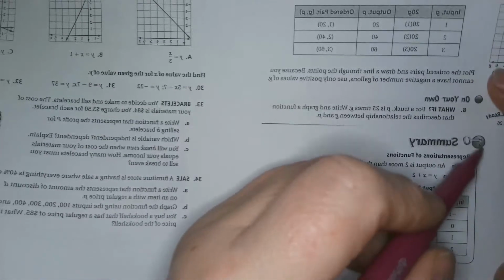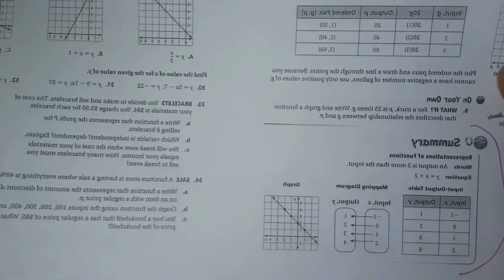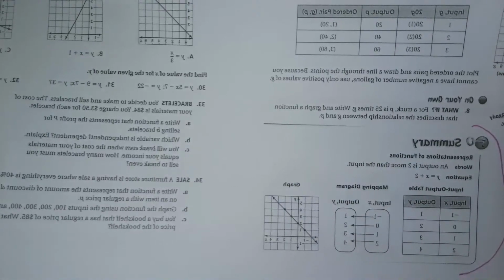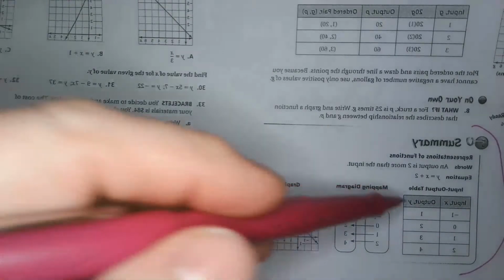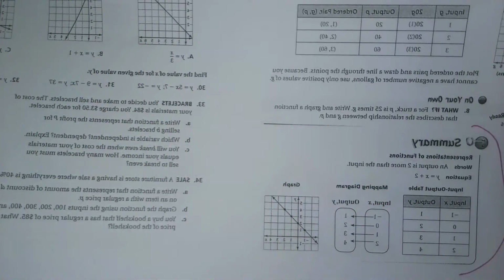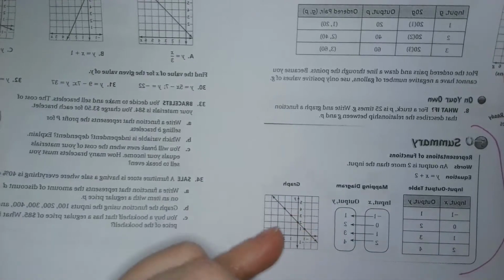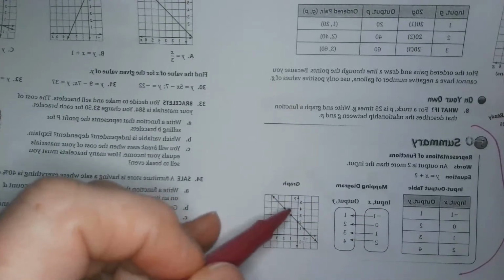So this is important right here. Knowing all of this in the summary, your input-output table, the mapping diagram, and the graph. So we've done these, and we've done these.